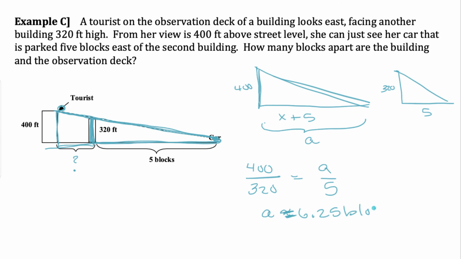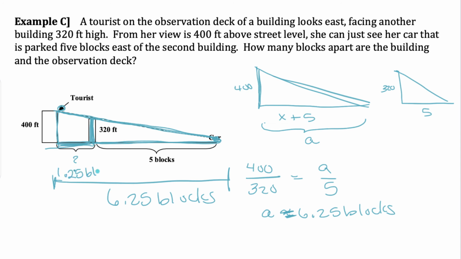Now keeping in mind, again, that I decided that this whole thing was going to be a, right? So this entire thing from here to here is 6.25 blocks, which means that the distance between these two buildings is going to be 6.25 minus 5, which is 1.25 blocks here.